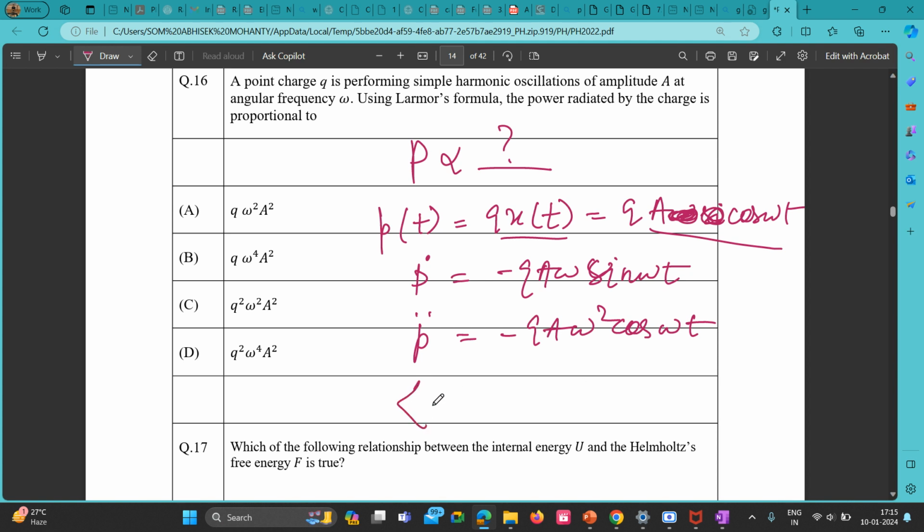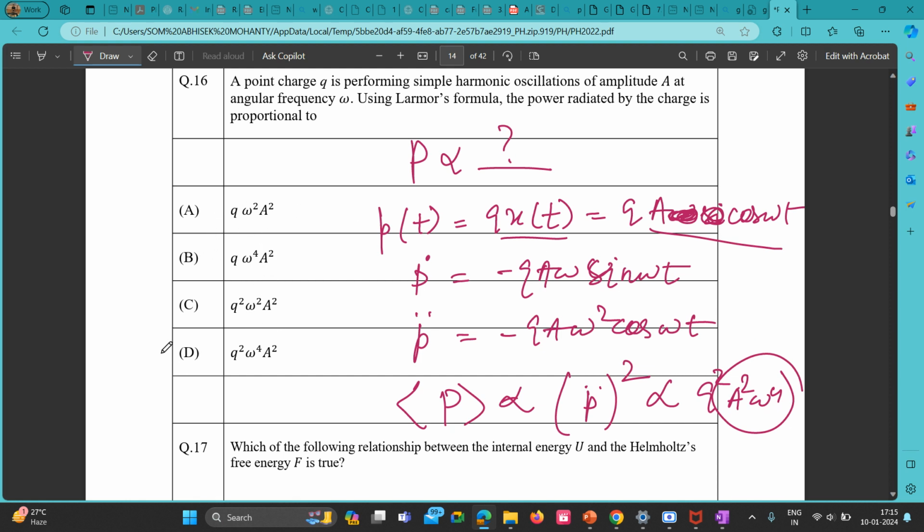So your power radiated by the charge is proportional to P double dot square, which is proportional to Q square A square omega to the power 4. Q square A square omega 4.